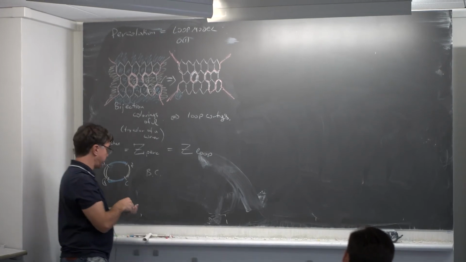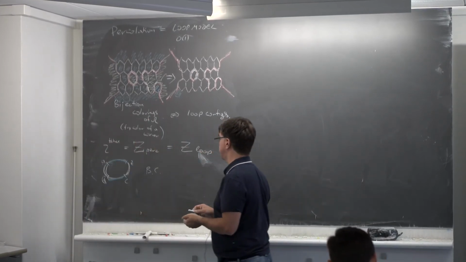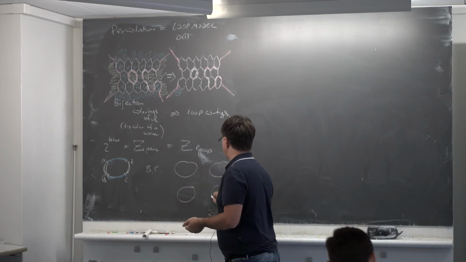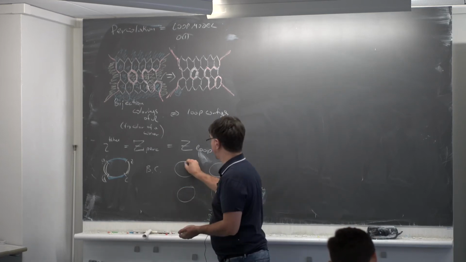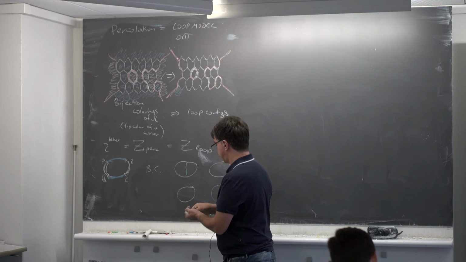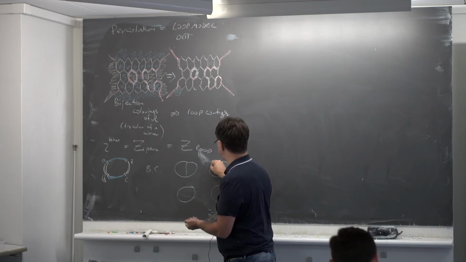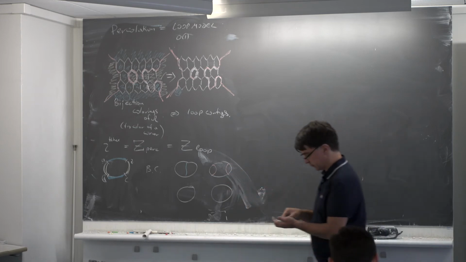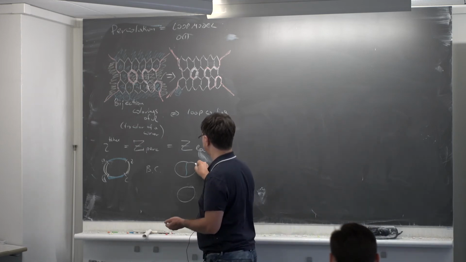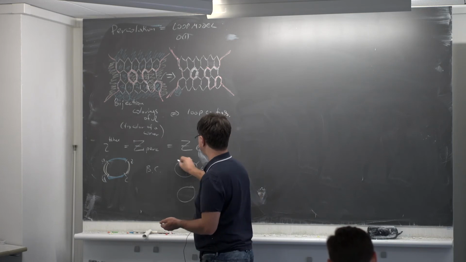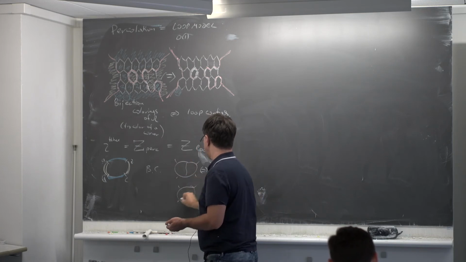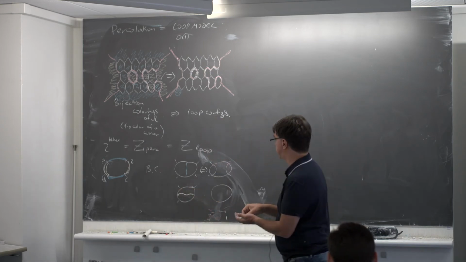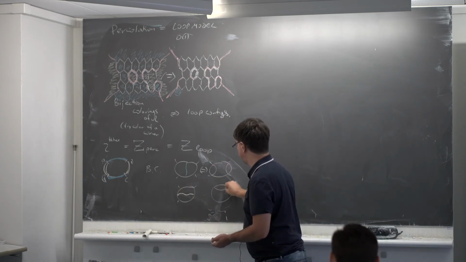And there is another interesting observation: if you have a vertical blue crossing, then it forces the loops to be connected A to B and C to Z. On the other hand, if you have a yellow horizontal crossing, it forces the loops to be connected the other way around.